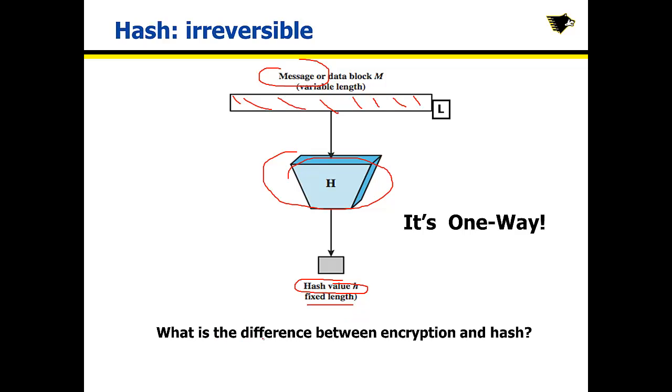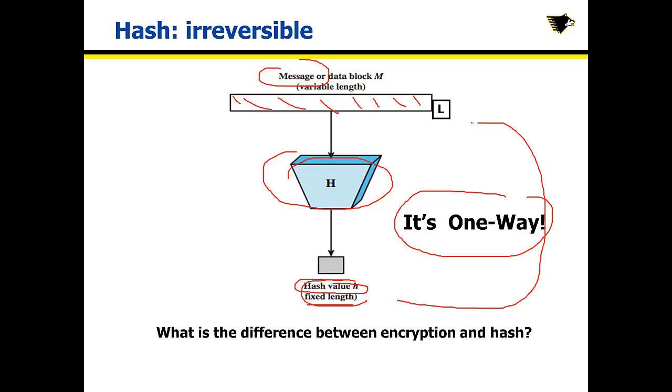So what's the difference between encryption and hash? We find hash is one way. We have a message, then we can get a hash code. But if you have a hash code, you cannot get the original message.